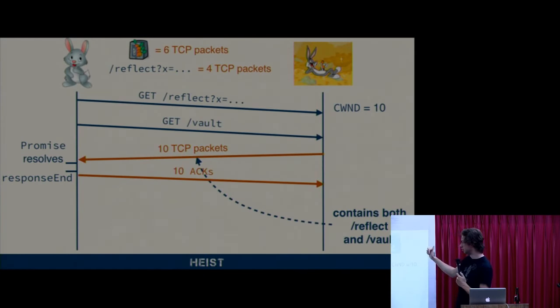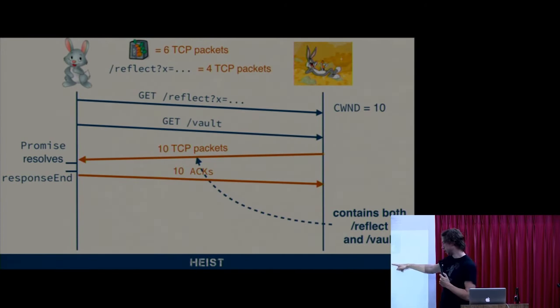The attacker knows exactly how many TCP packets there are in the response to the first request, the reflected one. He knows that there are 4 TCP packets in this response, but he doesn't know how many there are in the other one. So he wants to figure out: does it fit in a single congestion window or not?